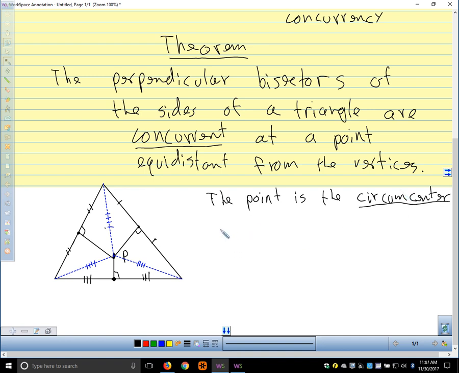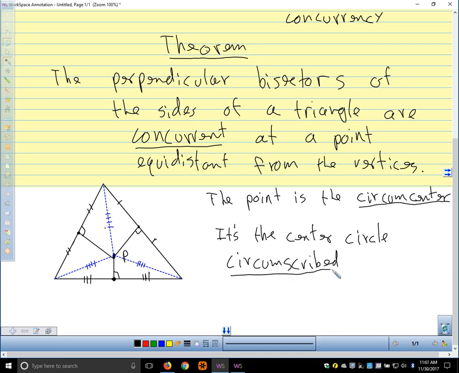And it is the center of the circle, the one that I just described, circumscribed around the triangle.